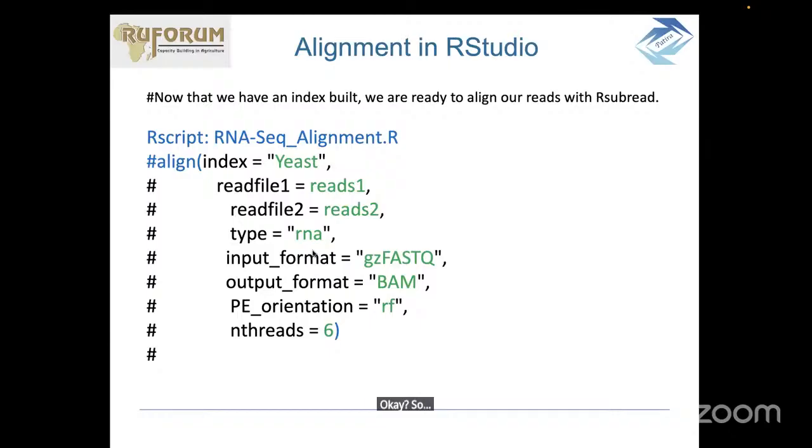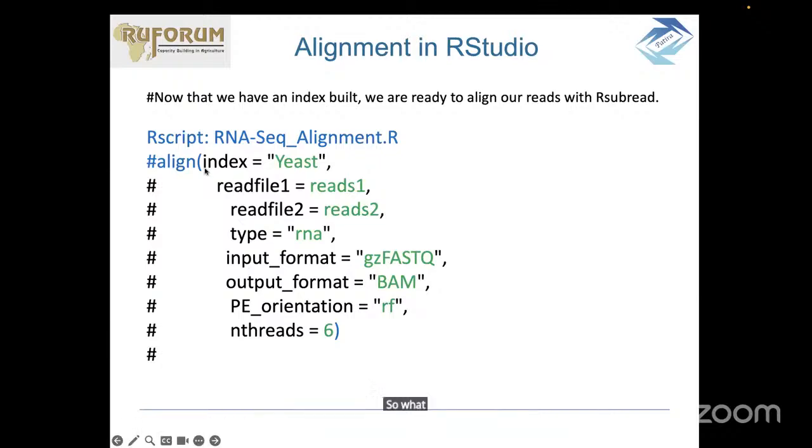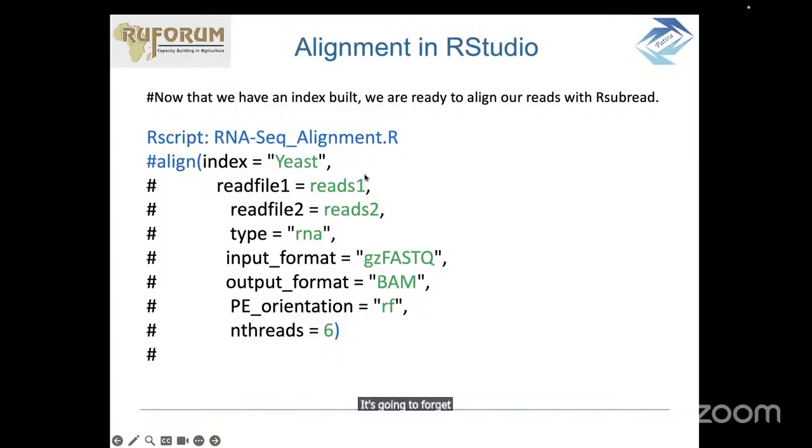So we're going to do that in RStudio, and there's a script for doing that called RNA-seq alignment. So what it does is going to create an alignment called, this is the name of the alignment. It's going to get the first read because you have forward and reverse.